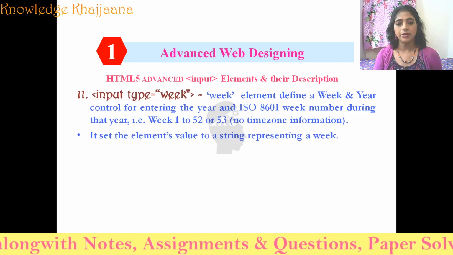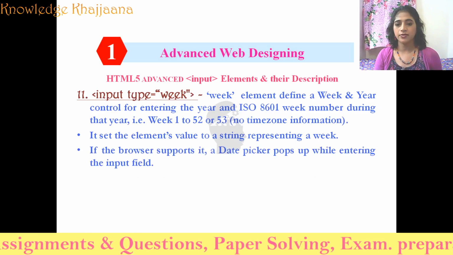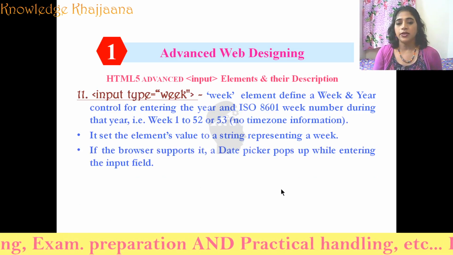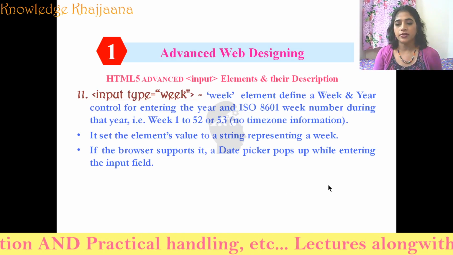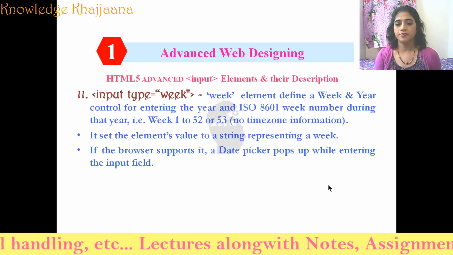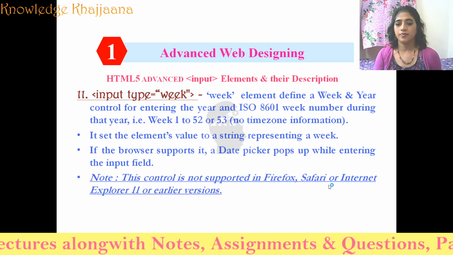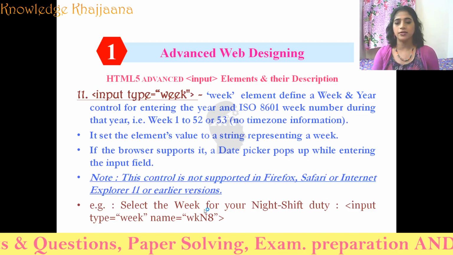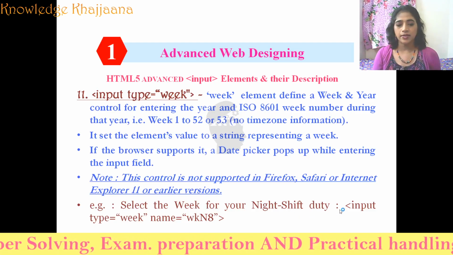It sets the element's value to a string representing a week. If the browser supports it, a date picker pops up while entering the input field. The example I have taken is, I have asked the user to select the week for his night shift duty.